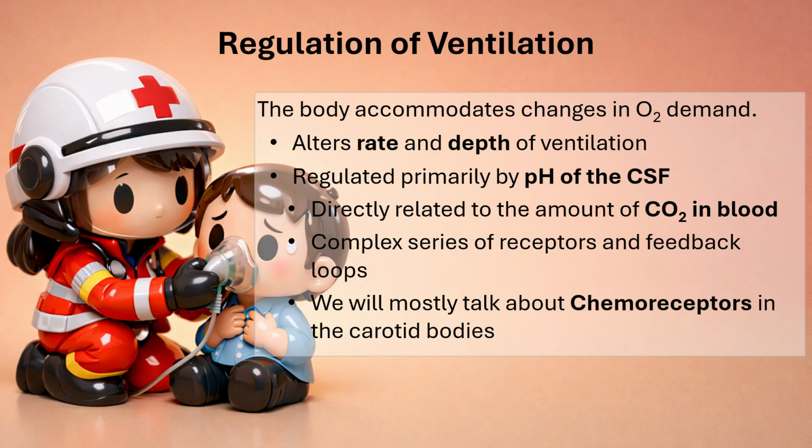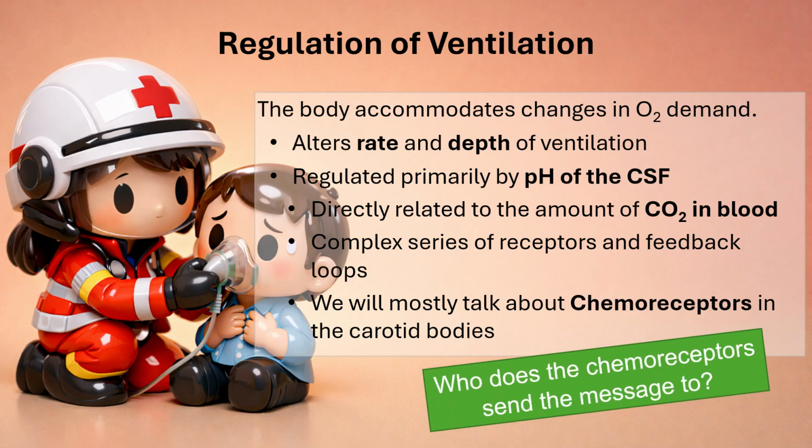Of course, that's in the carotids, constantly measuring CO2, and we'll make adjustments when we need to make adjustments. There's just a constant feedback mechanism between the brain, and we'll have to include the lungs there, and how the composition of the blood is doing, and that adjusts our rate. Again, I don't want to belittle too much. The primary regulation is the pH of the cerebrospinal fluid.